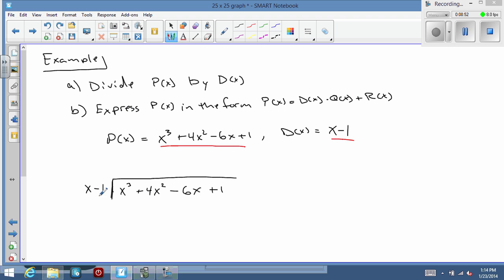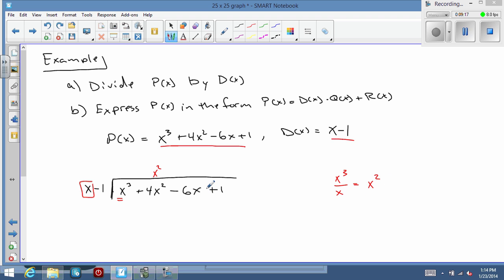So here we've got a binomial. And what we want to do is focus on just the x, and we're going to ask ourselves, how many times does x go into the x cubed here? So we take x cubed over x, we simplify that down to x squared. So that x squared is going to go right here above the x squared spot.